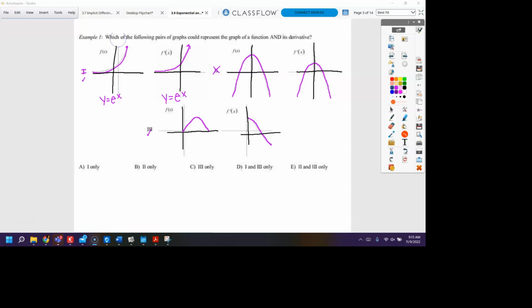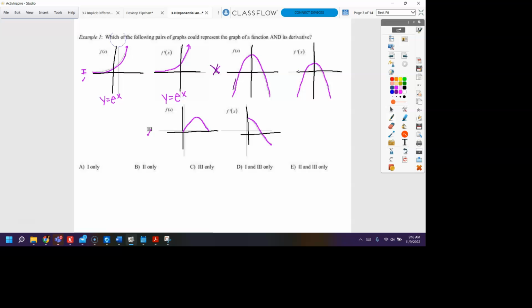Its derivative has to be positive. Is that true? Here, increasing, positive. No, because right here, this graph is not positive, that is negative. So therefore, 2 is false.